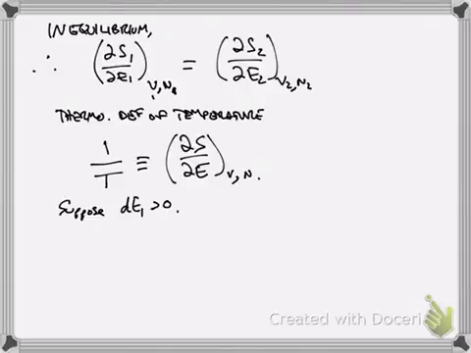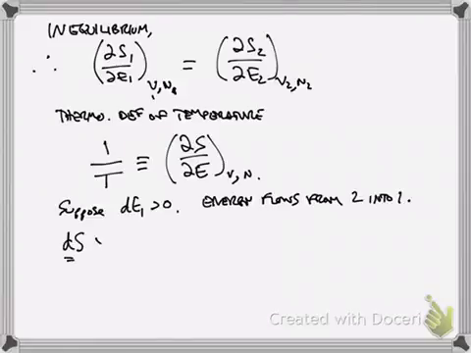The energy flows from 2 into 1, and we're going to say that that happens spontaneously, so that implies that dS has to be greater than 0 for this to happen freely. All right.